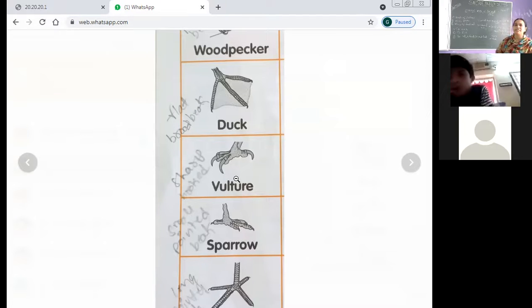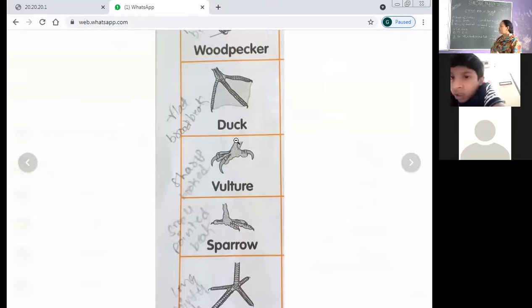Vultures and eagles eat their food by hunting animals, so they have strong, curved, pointed claws.